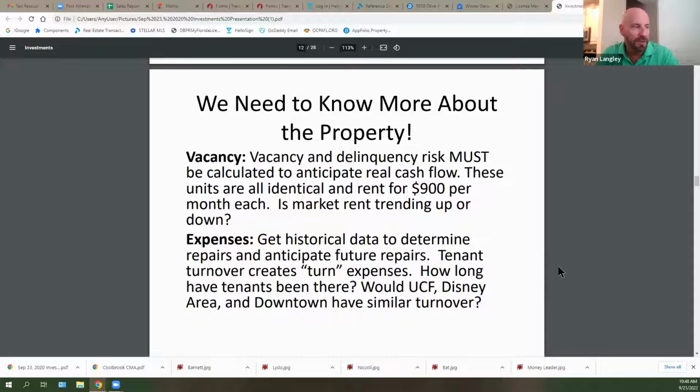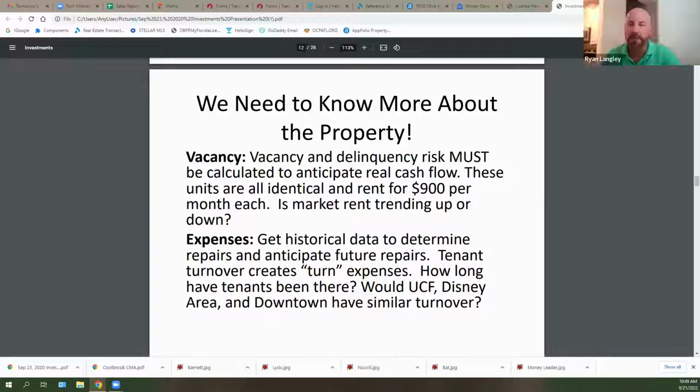Expenses. Get historical data to determine repairs and anticipate future repairs. Tenant turnover creates turn expenses. How long have the tenants been there? For you Orlando people, would UCF, Disney area, and downtown have similar turnover? What do you think? I think the college area will have turnover more in the seasons of the college, the semesters of college.